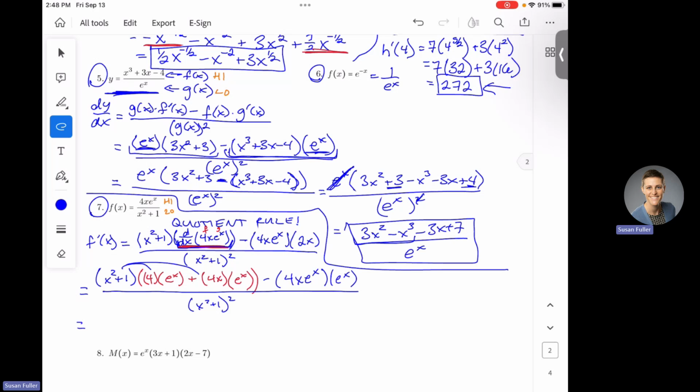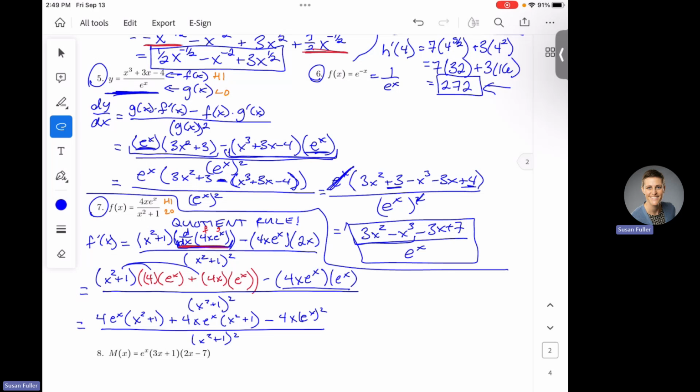So I'm going to put the 4 e to the x out front and then multiply by that x squared plus 1, plus this other one is 4x e to the x times that x squared plus 1, minus 4x e to the x squared. So I distributed this top part and I multiplied these two. And I have this all over x squared plus 1 squared.